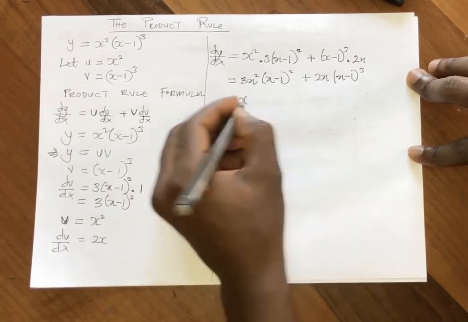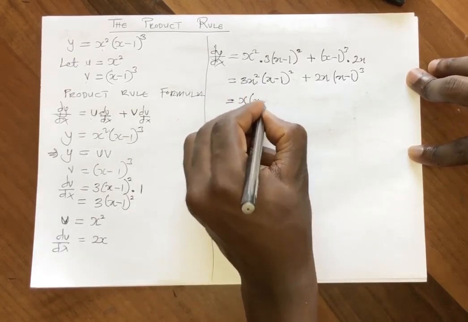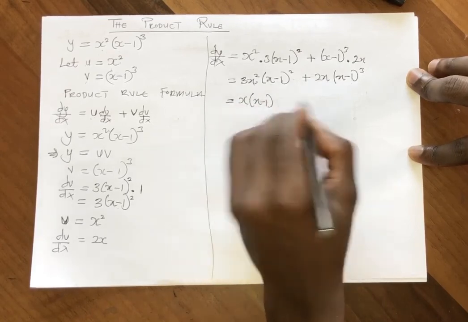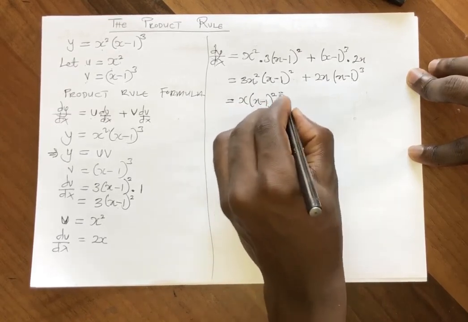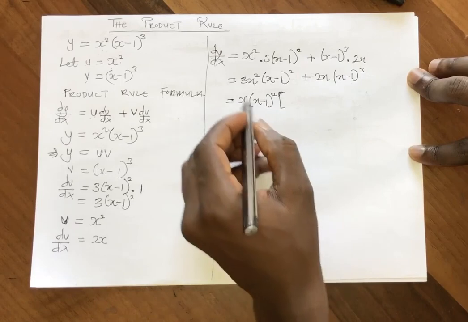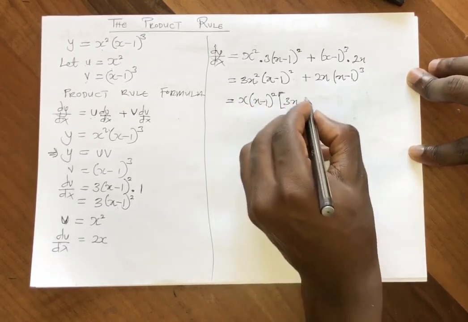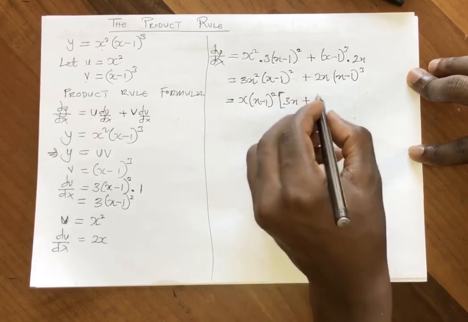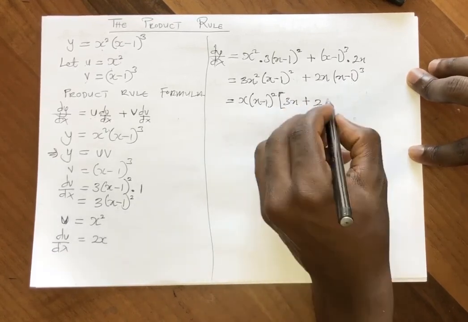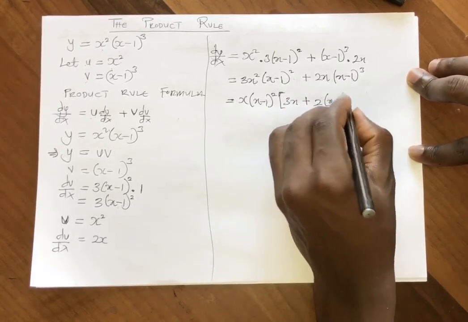So you have x(x minus 1) squared out, and then you are left with 3x, plus, you are left with 2 and then (x minus 1).